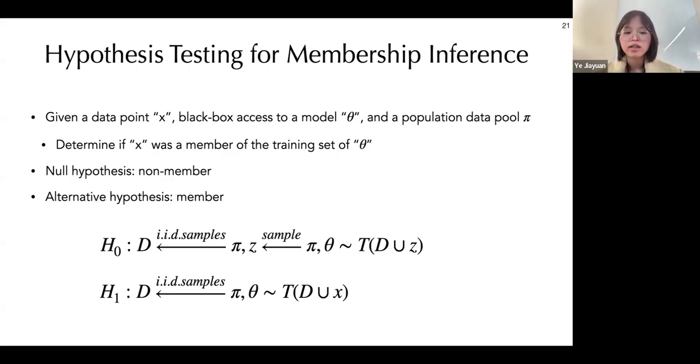Meanwhile, in the alternative hypothesis, although the dataset D is randomly sampled, the model theta is trained on the dataset combined with the target data X rather than some random population data Z. In this case, the adversary has to consider the fact that the dataset might be randomly chosen, so that when deciding the membership, it doesn't predict member or non-member just because of some factor related to the random sampling process.